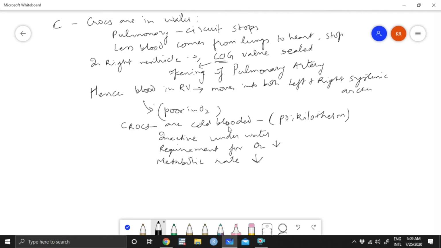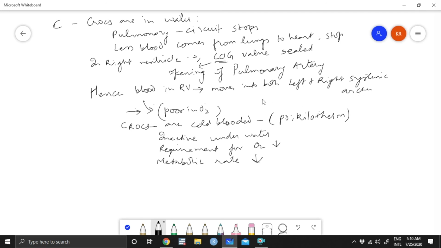They are cold-blooded at that time, they are inactive underwater, their requirement for oxygen is low, and their metabolic rate is also low. And therefore, even when blood contains less oxygen, this same oxygen-poor blood can move throughout the body into both right and left systemic arches.